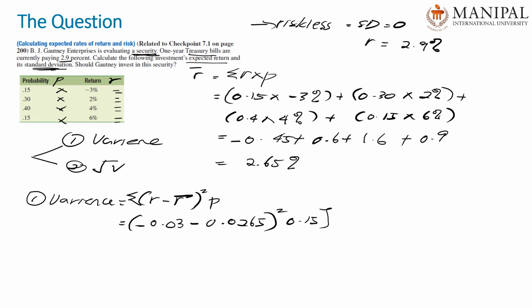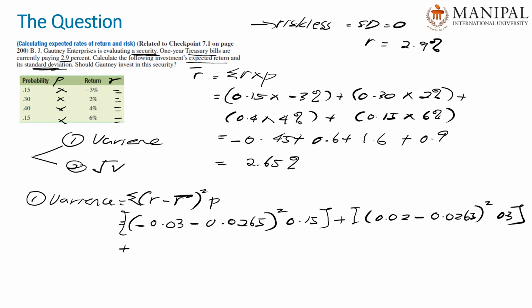The second one is 0.02 minus 0.0265 to the power of 2, and then multiplied by 0.3. So that is the second set.